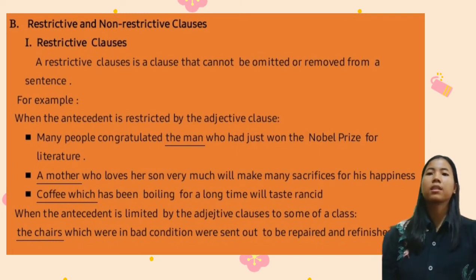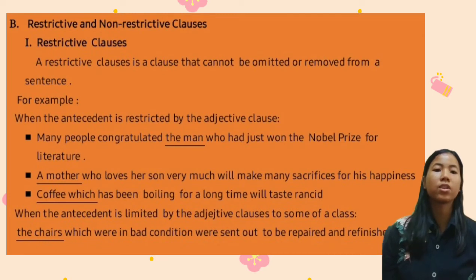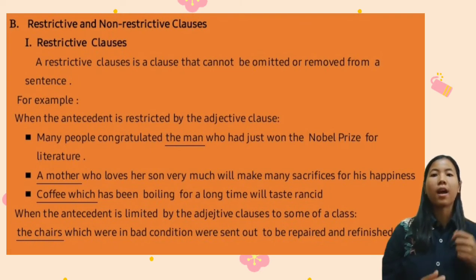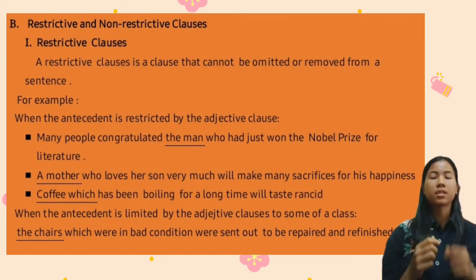If made into a restrictive clause, it will have a different meaning. The conclusion: the clause without commas distinguishes one or some from others. If there is no distinction, it means a non-restrictive clause.